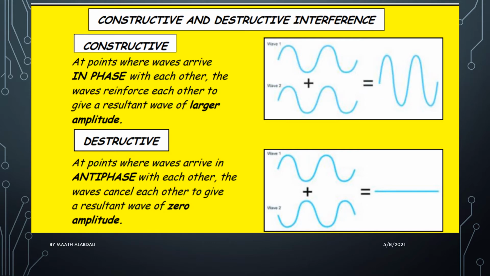So there are two types of interference: constructive interference and destructive interference. Constructive interference is when the waves arrive in phase. So for example, when a very loud sound is heard, that is constructive interference.